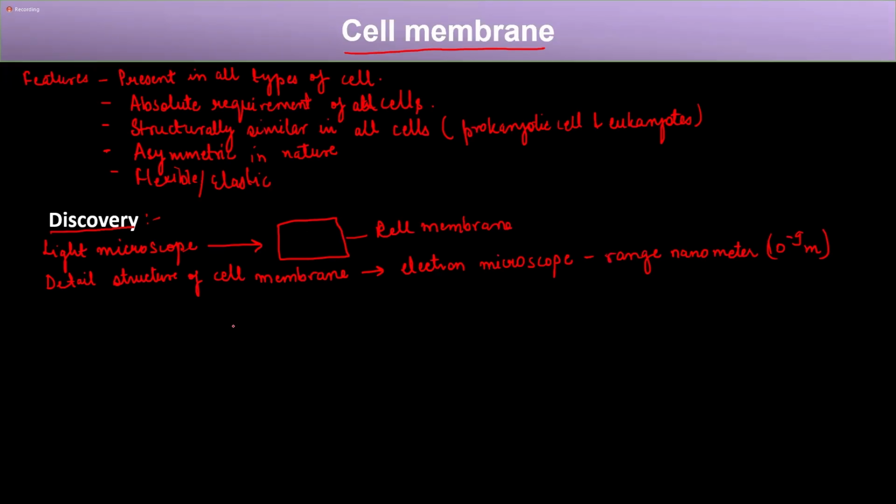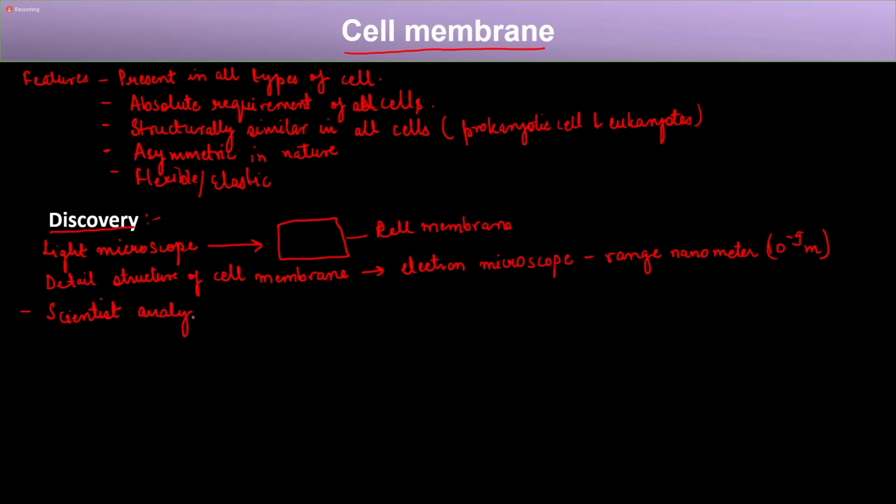Now, while the electron microscope was being invented, scientists tried to visualize and study the structure of the cell membrane. So how did they analyze this cell membrane?